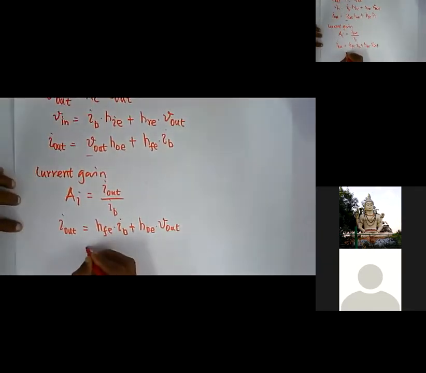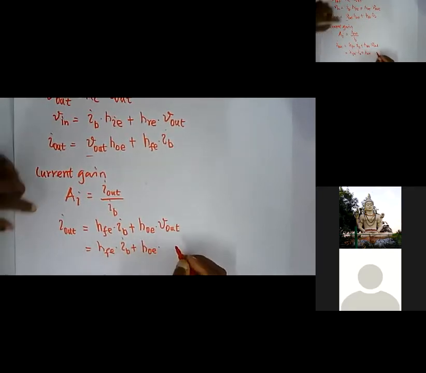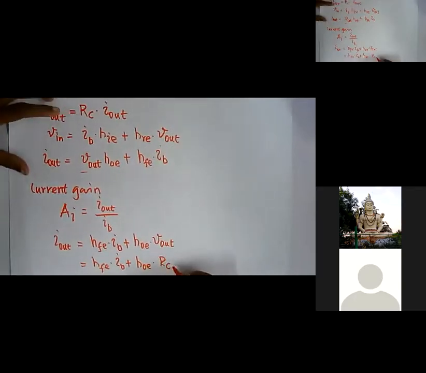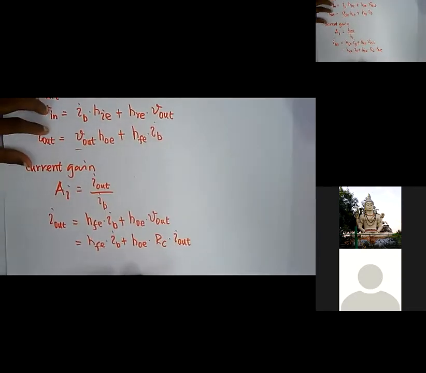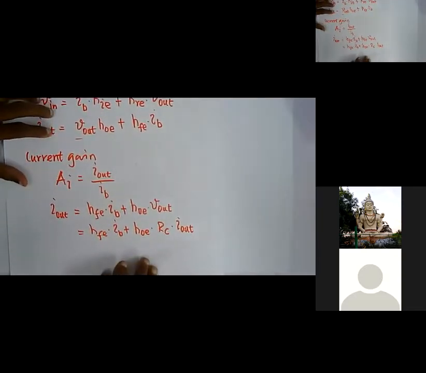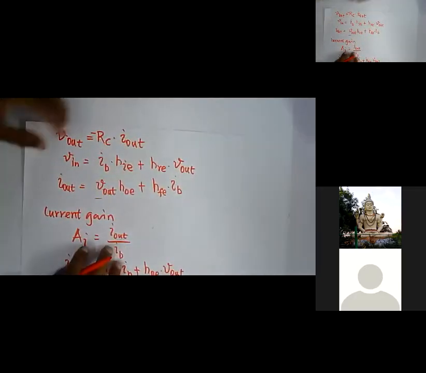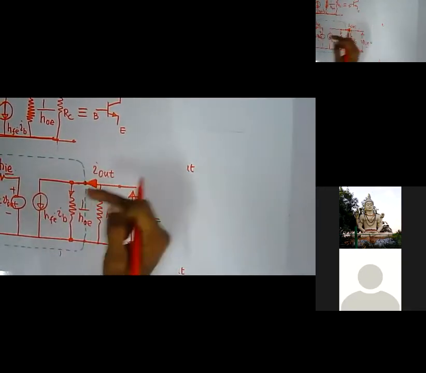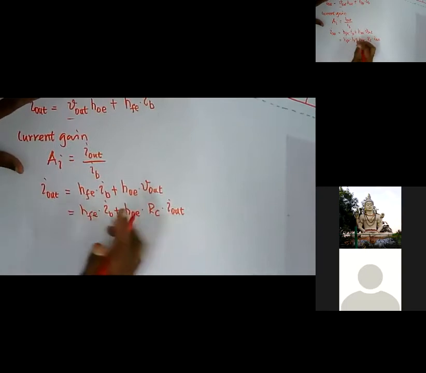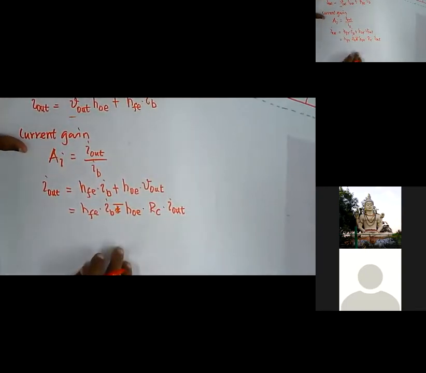So I can rewrite this equation as HFE into IB plus HOE into RC into I out. Sorry, this becomes minus, since the current is going inside. So this becomes minus HOE into RC.